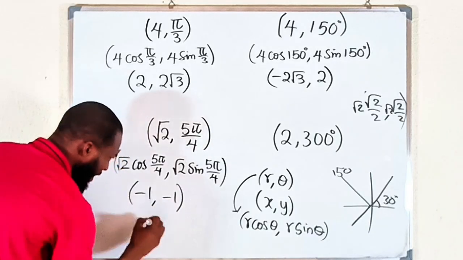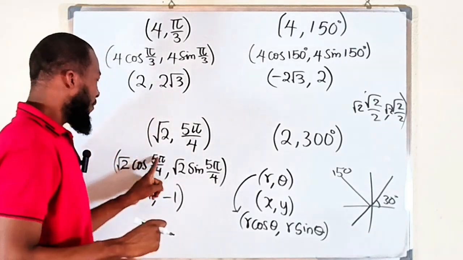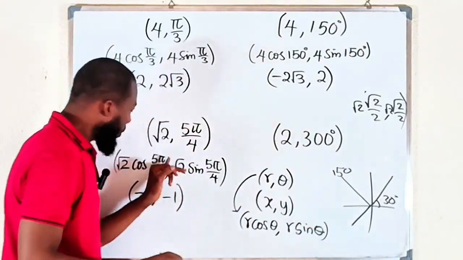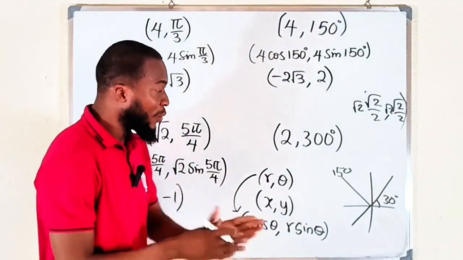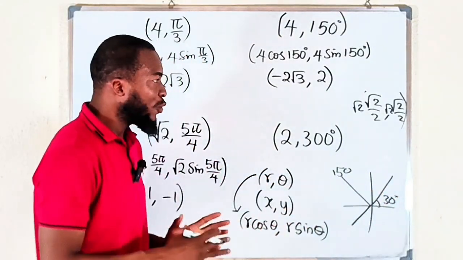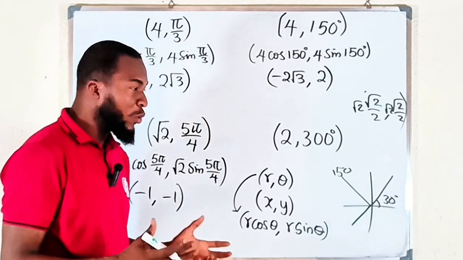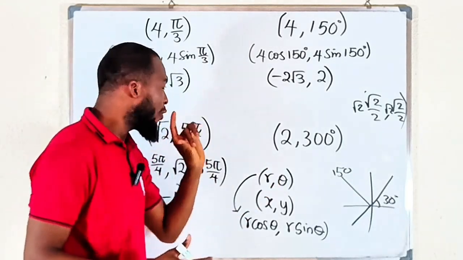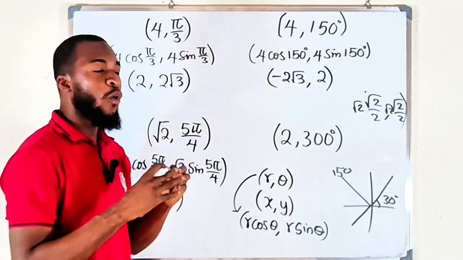Should I explain again? All right. 5 pi over 4 is located here. But pi over 4 is a reference angle, which is 45 degrees. So you can always use your reference angle. Both cosine and sine of pi over 4 will give you root 2 over 2.